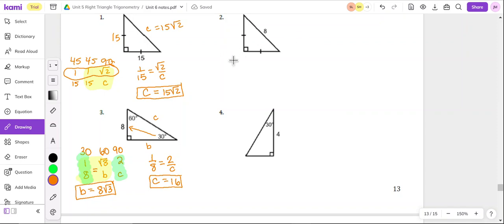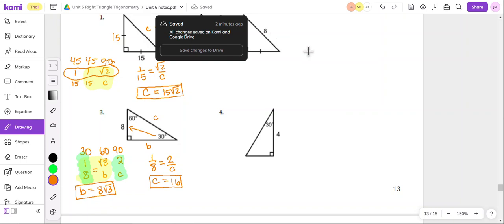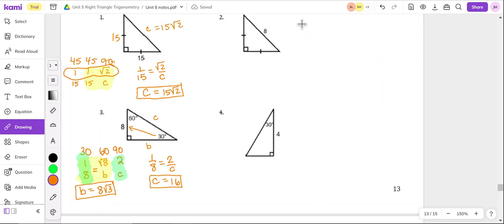All right, so you're working on 2 and on 4. Oh, so this one they did not give us the sides, did they? Okay. Well, I know this relationship is 1, 1, radical 2, correct? And I have the one across from 90.